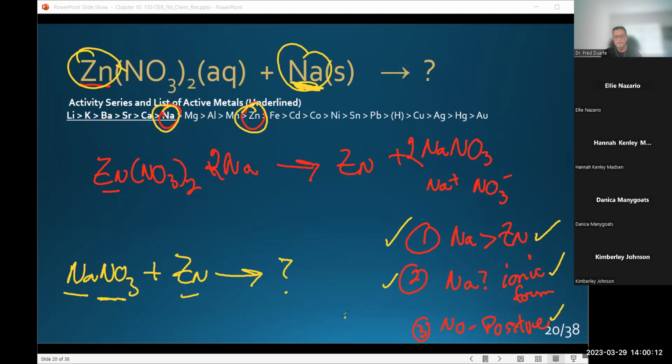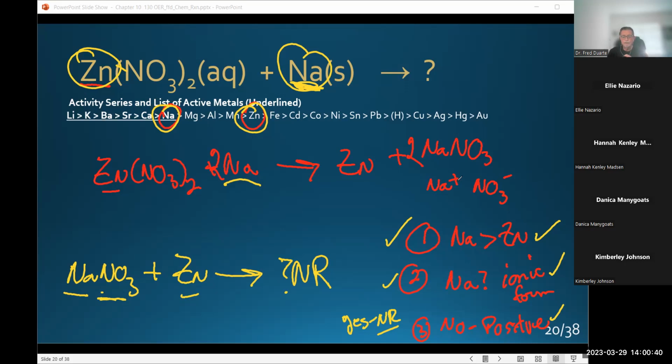So if the answer is yes, there'll be no reaction in this scenario, okay? But in the opposite scenario, yes, there is a positive reaction, because in this scenario, sodium, the most reactive metal, is in elemental form, not in ionic form. So therefore, the reaction proceeds.